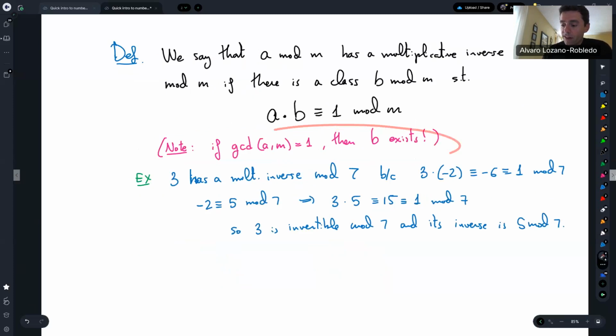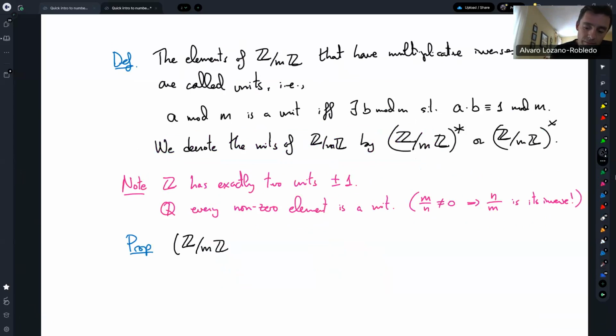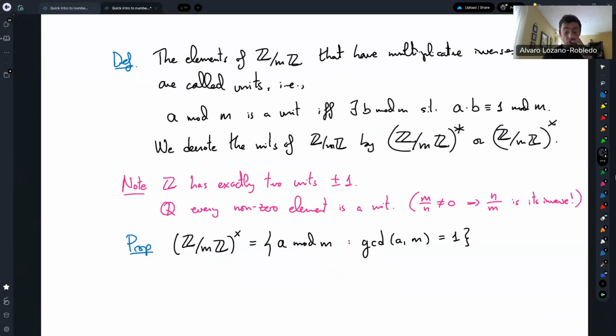the units are precisely those elements that are relatively prime to the modulus. So it turns out that the units of Z mod mZ are those classes modulo m whose GCD with m is 1. So those numbers that are relatively prime to m will have multiplicative inverses.